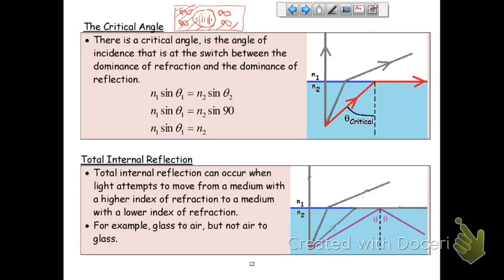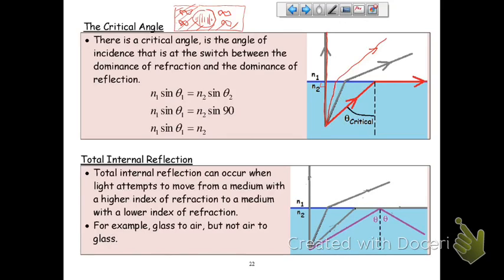Imagine shining a light out of the water into the air. If it strikes the interface at 90 degrees, there's no refraction. As you go to a less dense medium, you are refracted away from the surface normal. So at some point, the refracted ray runs into the surface of the water.